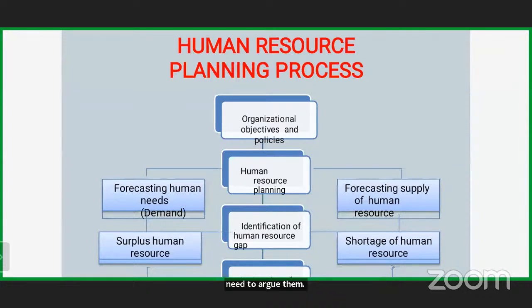In your examination, if the question comes, what is the process of human resource planning? Write process, write method, and write technique also. Understood? So whatever may be the question related to human resource planning, process, method, and technique, all are the same.